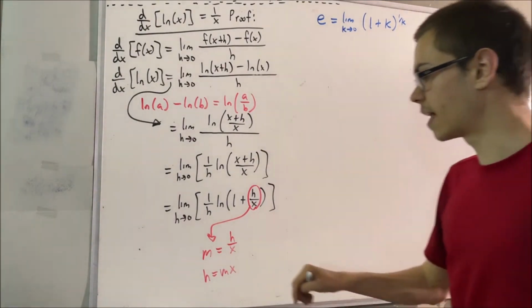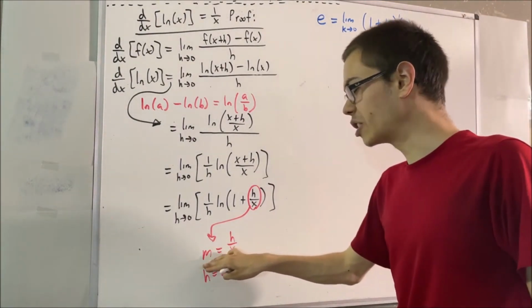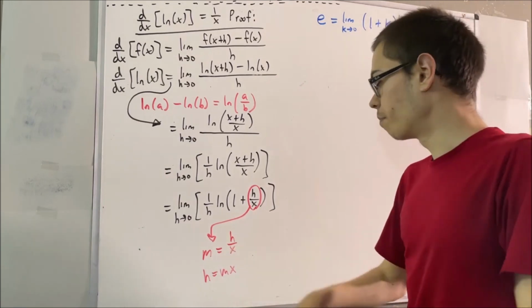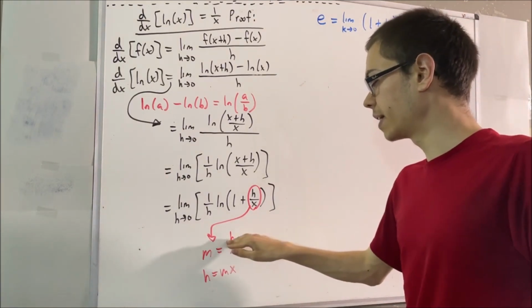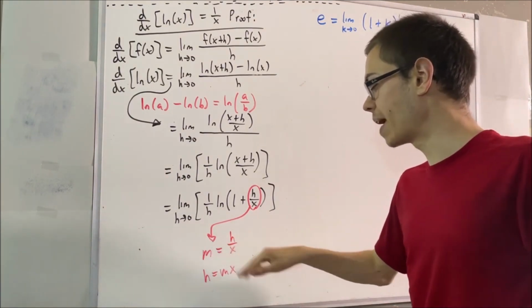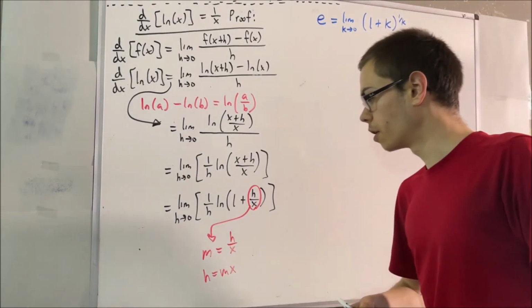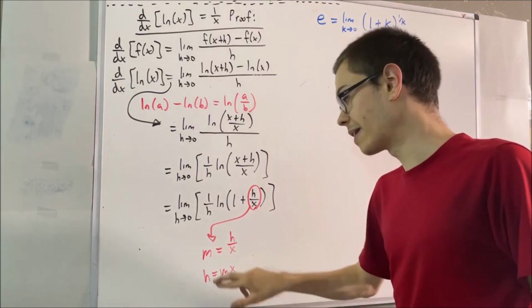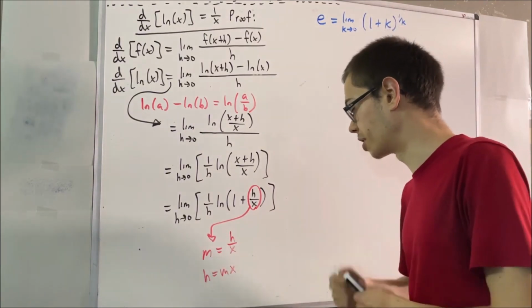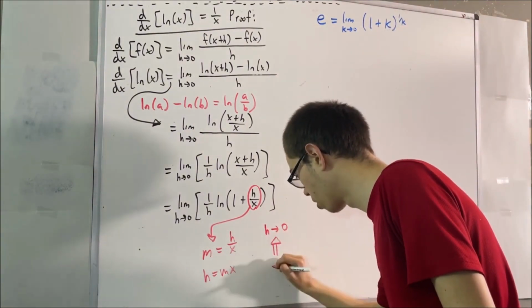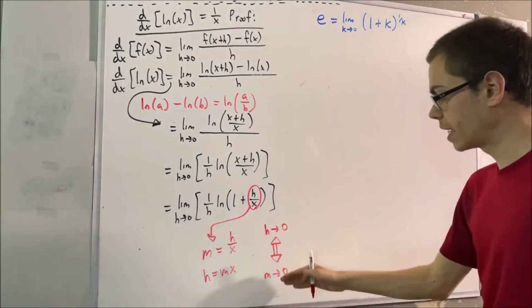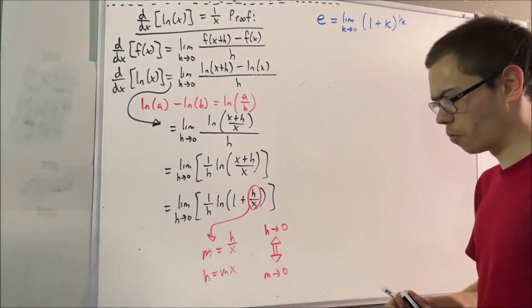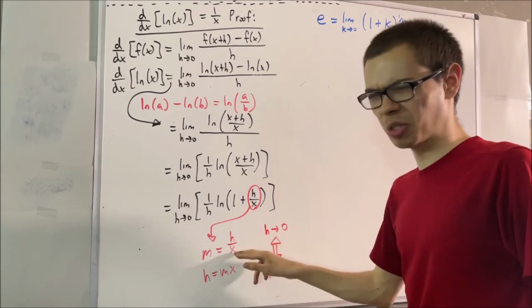But we're going to say that this equation is strictly a relationship between m and h, right? m and h don't depend on x. And therefore, as h approaches 0, m approaches 0, and as m approaches 0, h approaches 0. So we'll say that this is true. Why can we say that m and h don't depend on x?